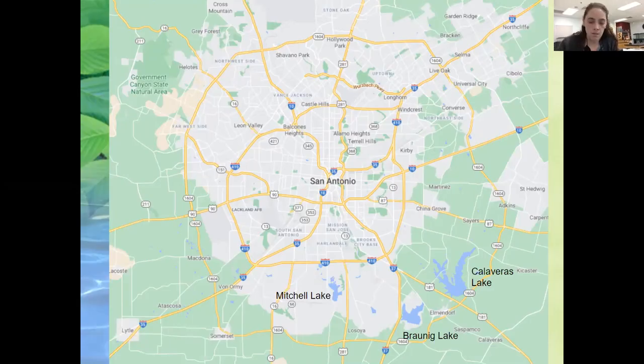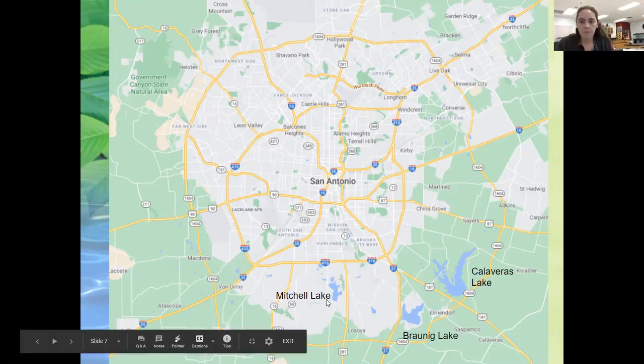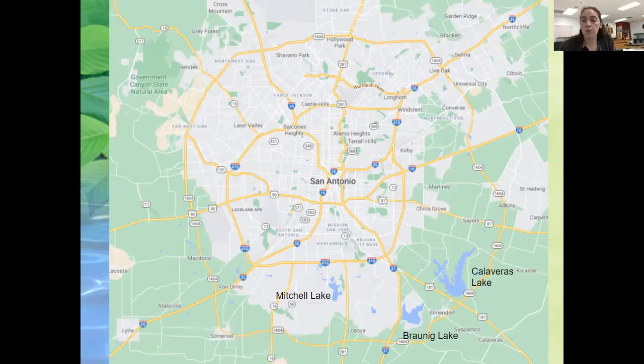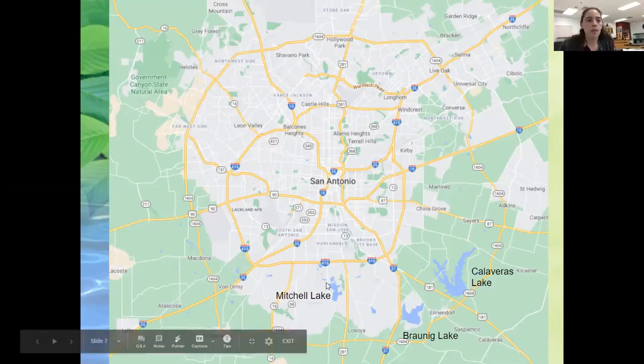Instead, all the sewage, or at least a good portion of it, got dumped in Mitchell Lake. It has since undergone some restoration, but because of the polluted sediments that are still around, you can go hiking, you can go bird watching. It is a very pretty area to visit, but you cannot go swimming or fishing or be in the water.